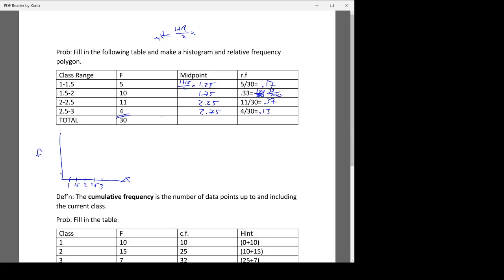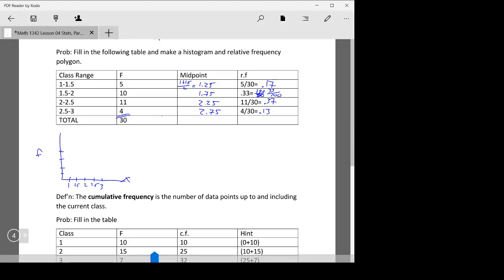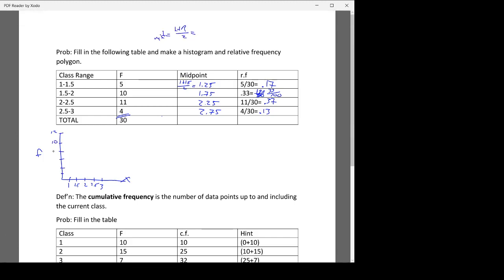So 2, 4, 6, 8, 10, 12. We'll do it by 2s to make it interesting. And this first class, 1 to 1.5, is size 5, so it's about there, and I'll just write the number. And then 10 and 11, just a little higher for 11. Then 4, way back down.